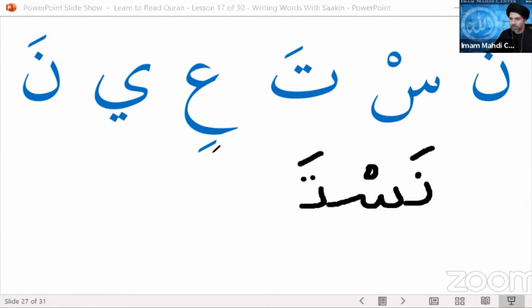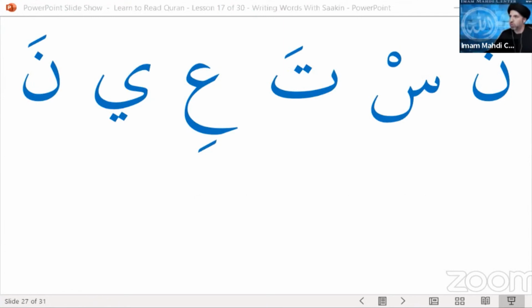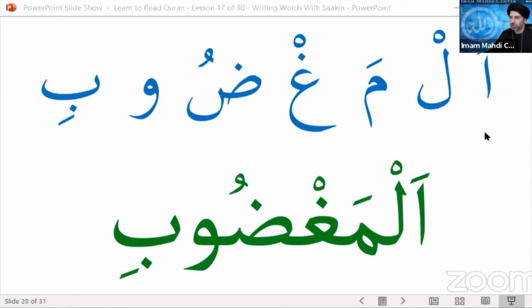It's connected to this ayn, and the ayn is going to be connected on both sides, so we have to use the form of the ayn that comes in the middle of a word, which is this one. And the ayn has a kasra, followed by a lowercase ya with its 2 dots, and then the last letter is the noon with the fatha. So this is pronounced nasta'ina. So we'll do just 1 more word, and then that'll be the end of our session.